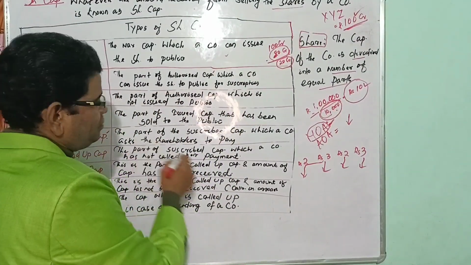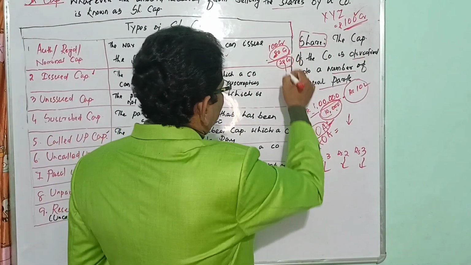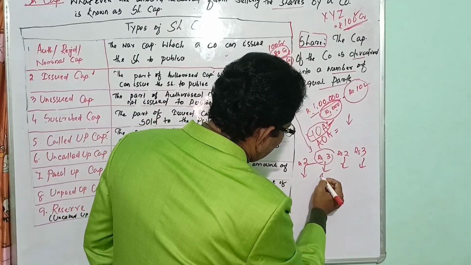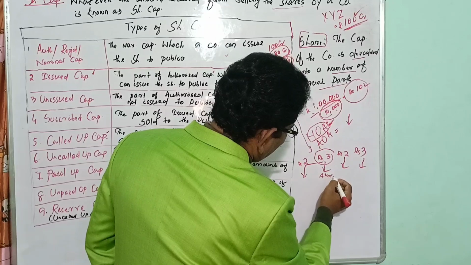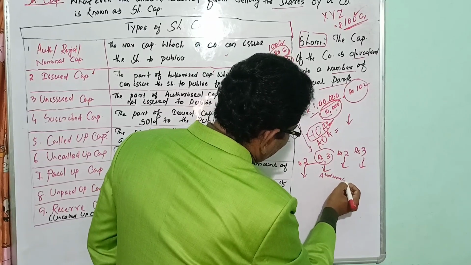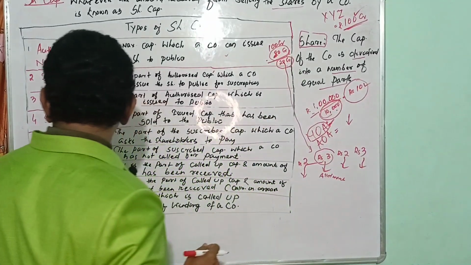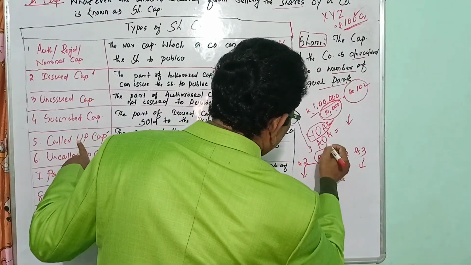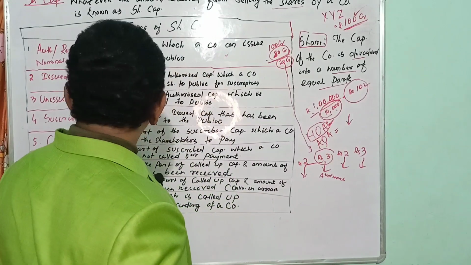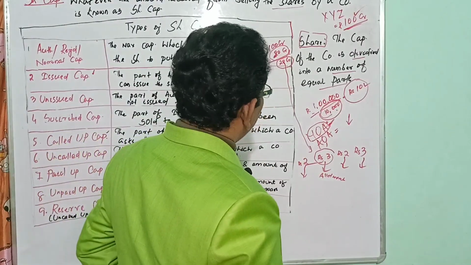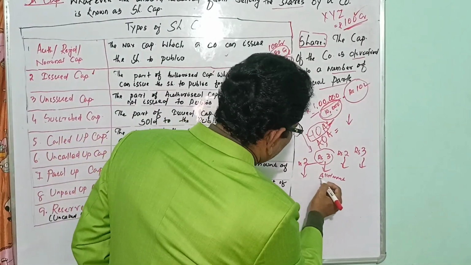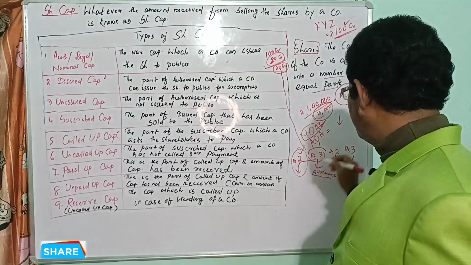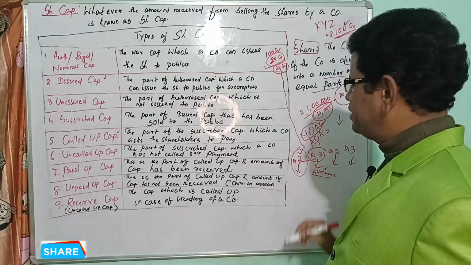Suppose XYZ company has called rupees 3, it is an allotment call. So when the company calls the amount from the shareholders, first it is the application money, and then the company will call the allotment call.